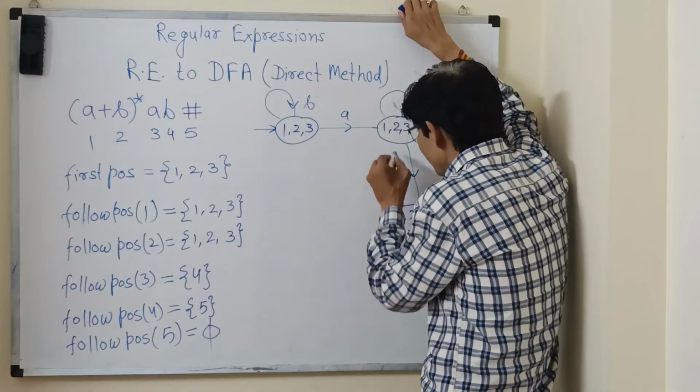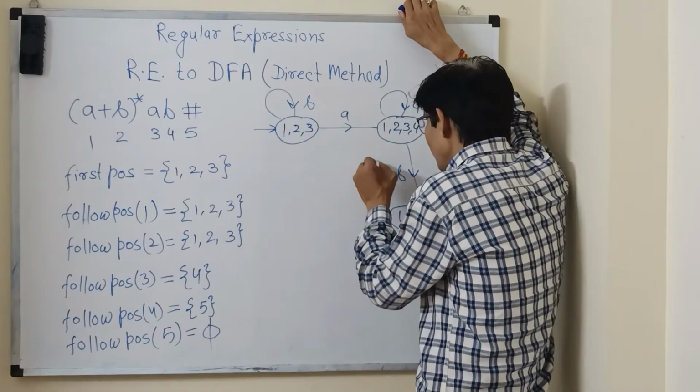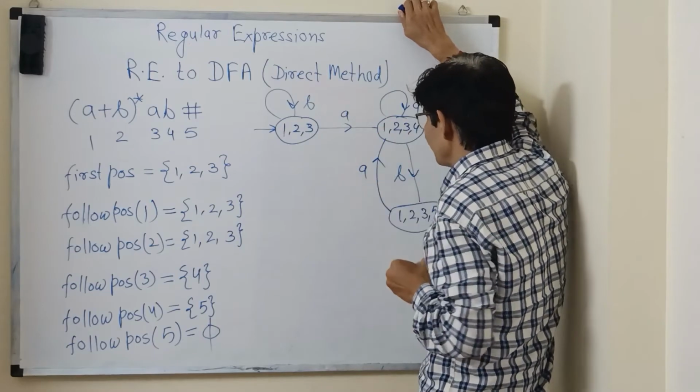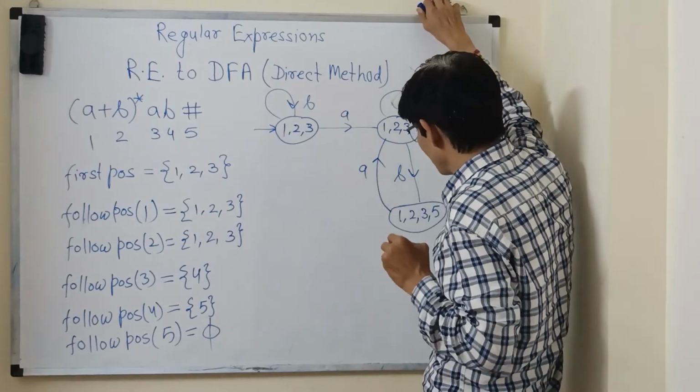So again we have already created this state. So on transition of A, we will go back to 1, 2, 3, 4.